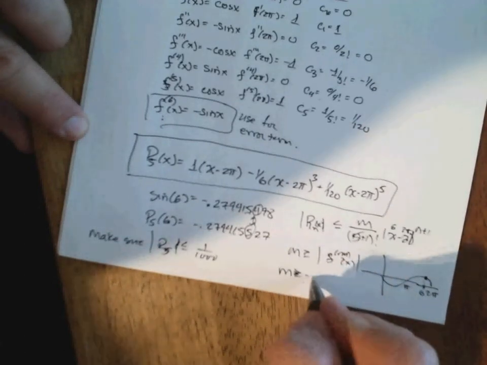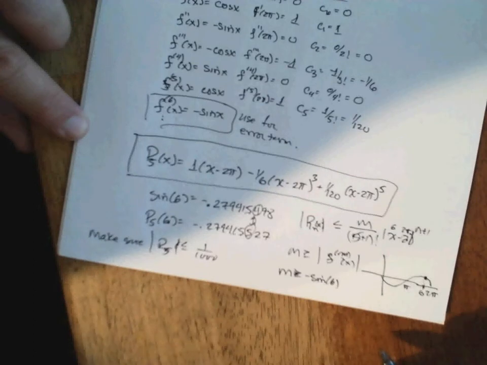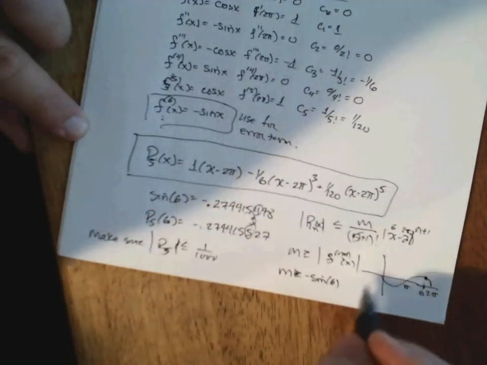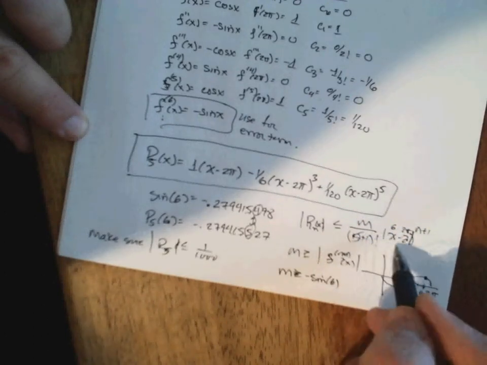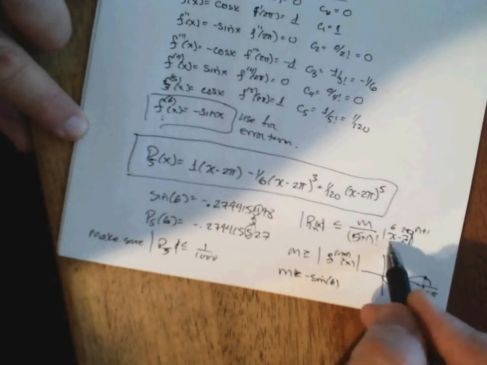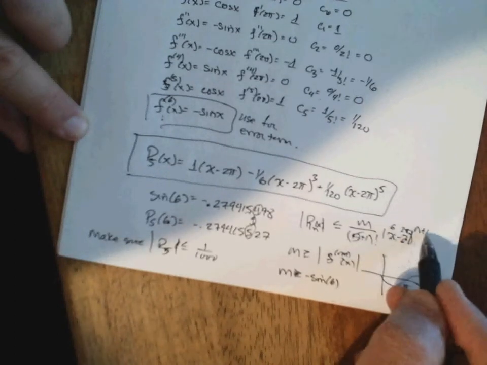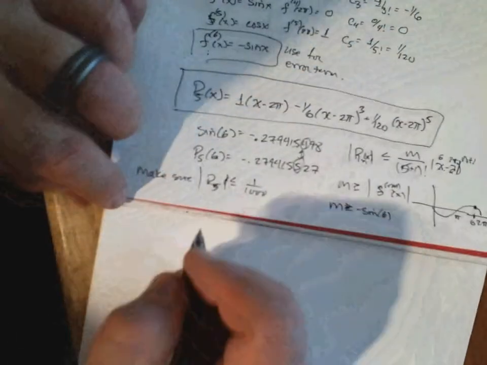Okay, so m is bigger than or equal to negative sine of 6, which means the negative of this. Okay, and that's what's going to be plugged in here, divided by 6 factorial, and then multiplied by 6 minus 2 pi to the 6th power. Okay, I think we need a new sheet of paper to continue this.